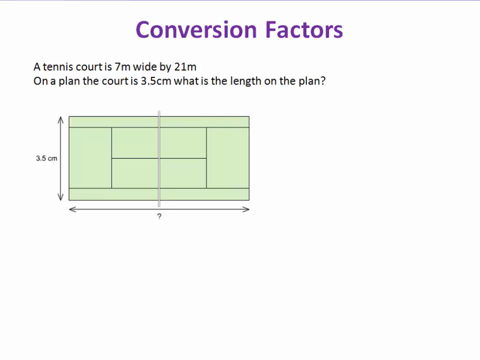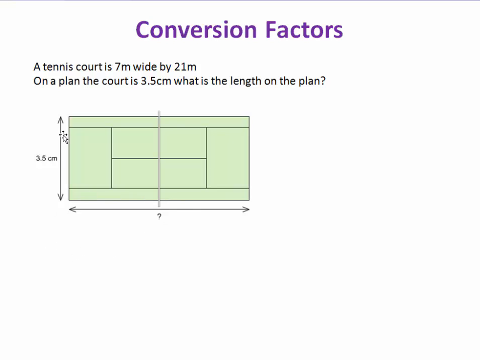A tennis court is 7 meters wide by 21 meters long, and we're making a scale drawing. On our scale drawing, the court is 3.5 centimeters wide. What's the length going to be?